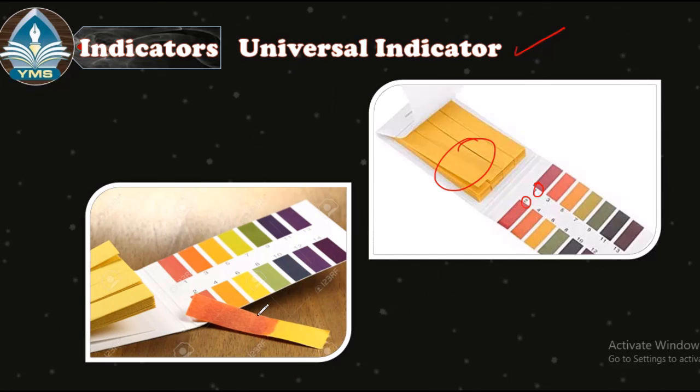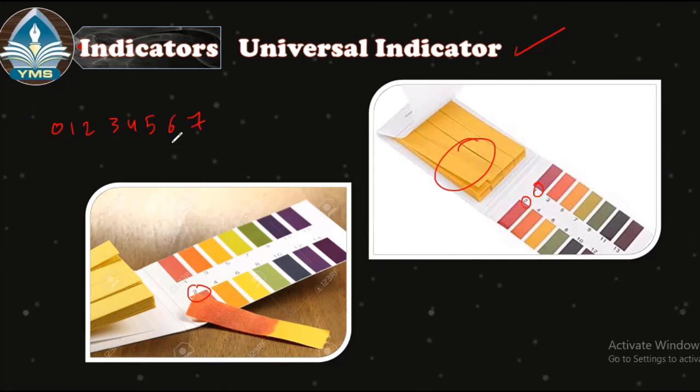Look here, this universal indicator, we dipped it in acid, then it gave us this color. Now this color matches this 2, so 2 is a strong acid. We have the acids 0 1 2 3 4 5 6 7. Okay, these are acids, right?